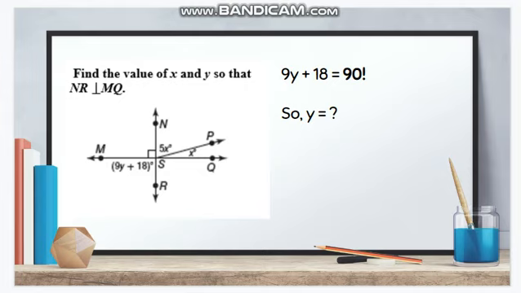So we can set up this expression, 9y plus 18 equals 90 degrees. So what would y be? Here are your possible answer choices. Pause if you need to. And the correct answer here is going to be 8. When we subtract 18 from both sides and then divide both sides by 9, we get 8.